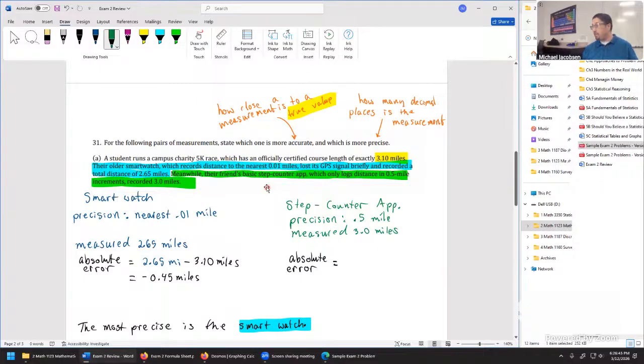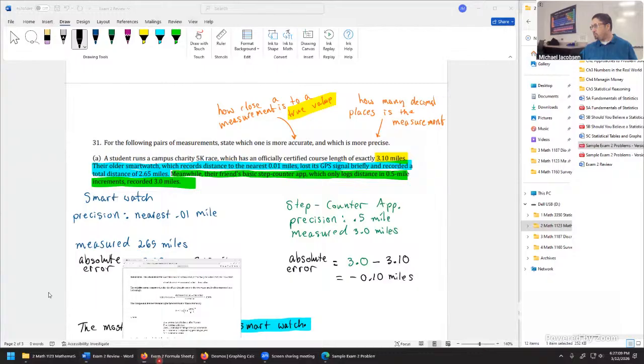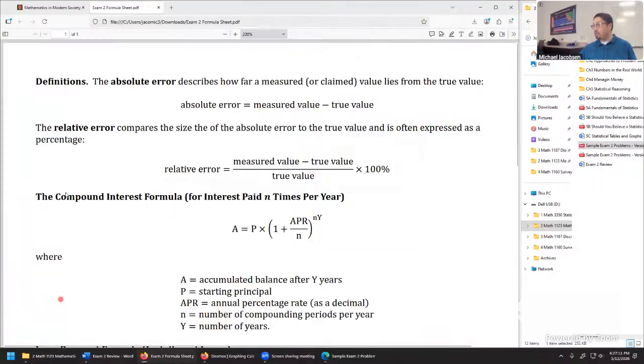So it's not meant to be very accurate in the first place. However, when we look into this, if it measured 3 miles, absolute error is going to be the measured value, 3 miles, minus the true value, 3.10 miles. And this one will come out as a negative 0.10 miles.